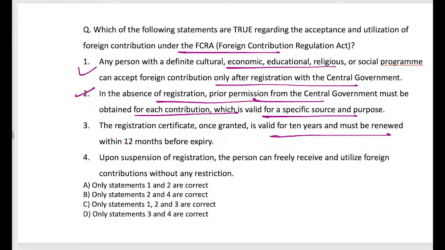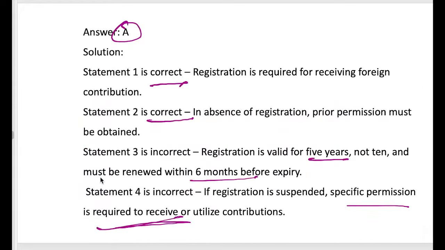No, it is for 5 years and 6 months. Upon suspension of registration, the person can freely receive and utilize foreign contribution without restriction. There are restrictions. So 1 and 2 only means option A will be the right answer for this particular one.